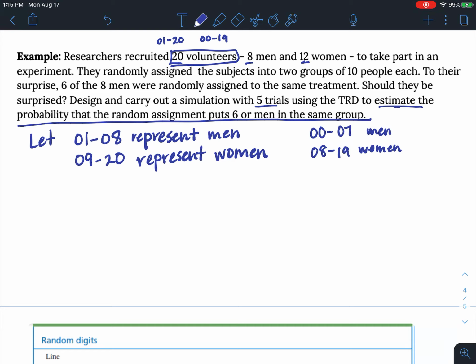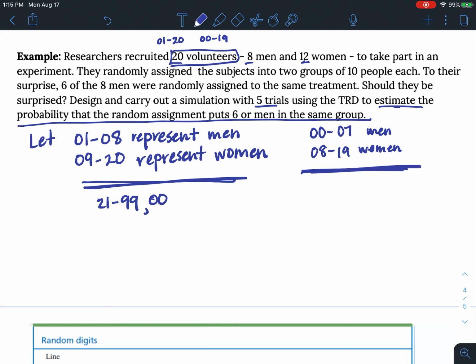In both of these cases, when I get down to the second D, I'm going to have to do some discarding. In this case, I'm going to have to discard numbers 21 through 99, and then also 00.